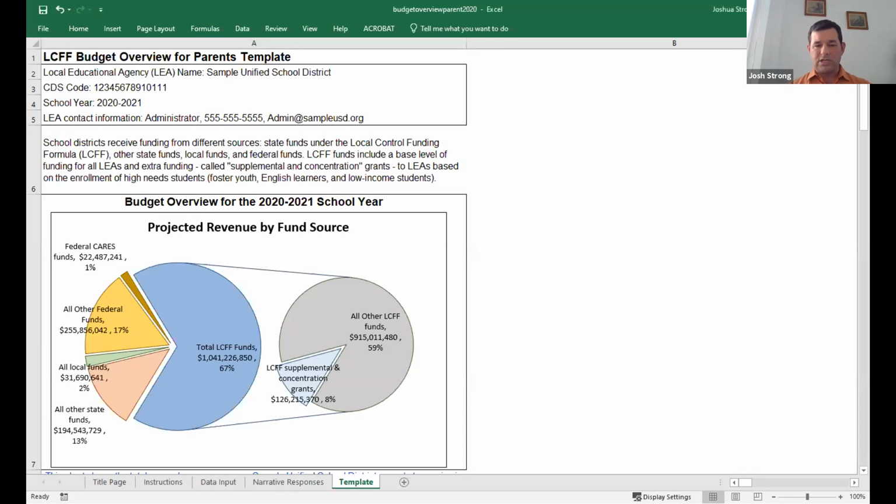So it looks like there's a lot of questions in here related specifically to the CARES Act funds and what should show up there.